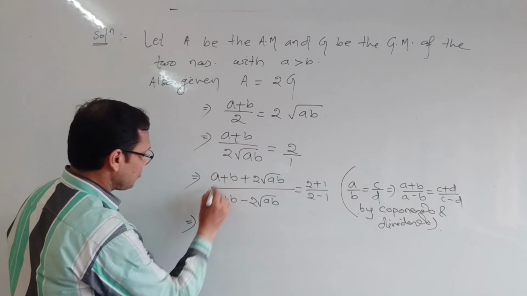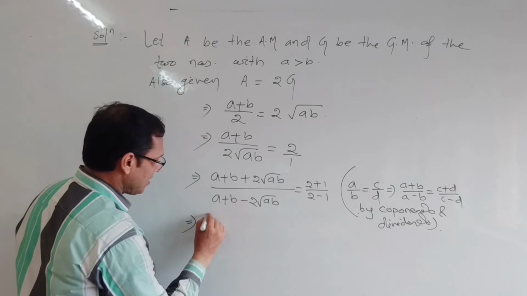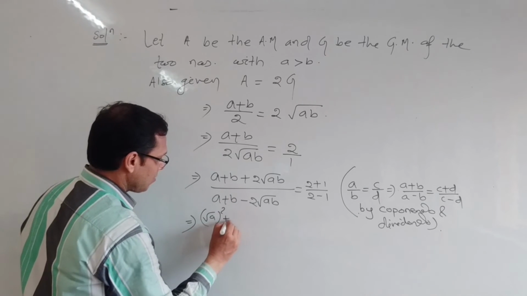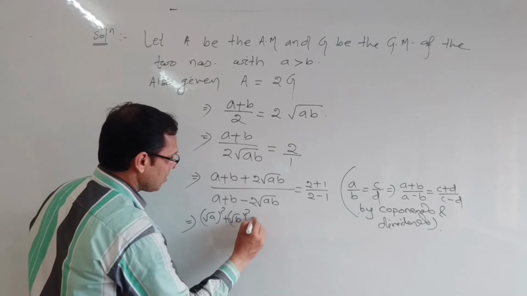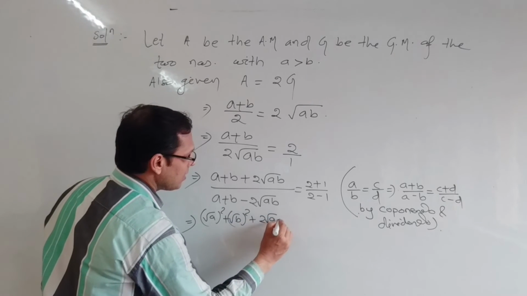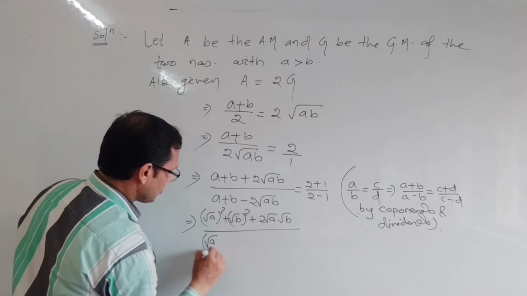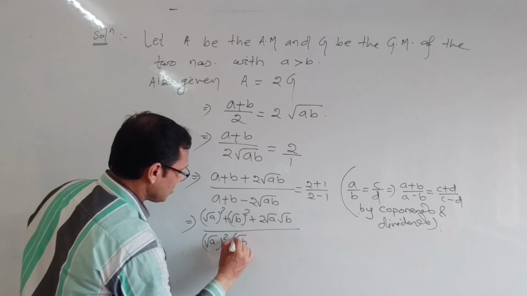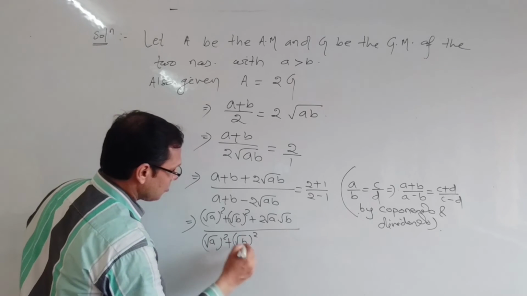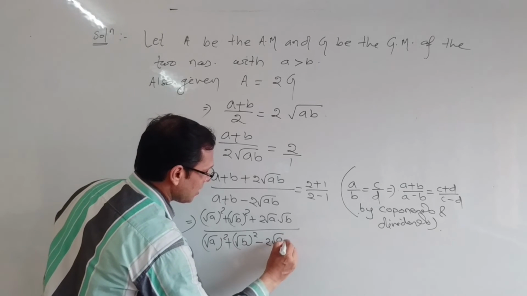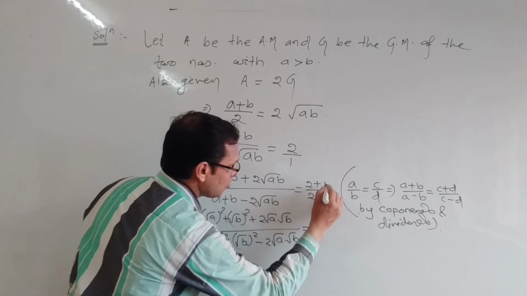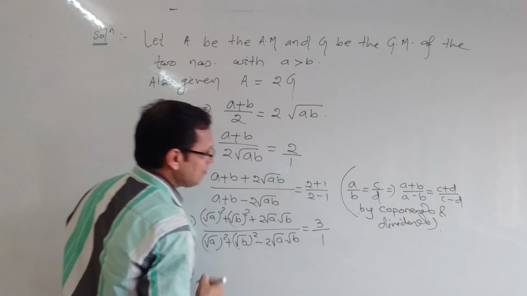Now this is nothing but (root a square plus root b square plus 2 root a into root b) whole divided by (root a square plus root b square minus 2 root a into root b), that is 2 plus 1 is 3 by 1.